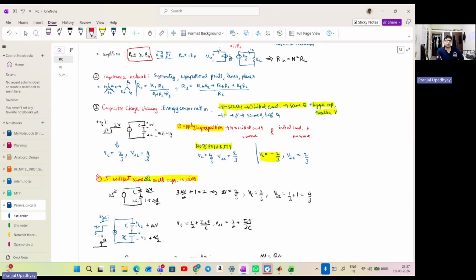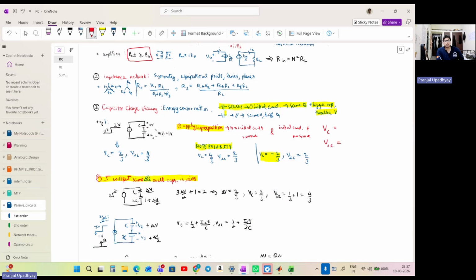We'll assume that this initial condition voltage is not here. Then we can see that this is the larger capacitor, which implies that it will have a smaller drop across it. So if I write VC, and I try to write 2 VC.